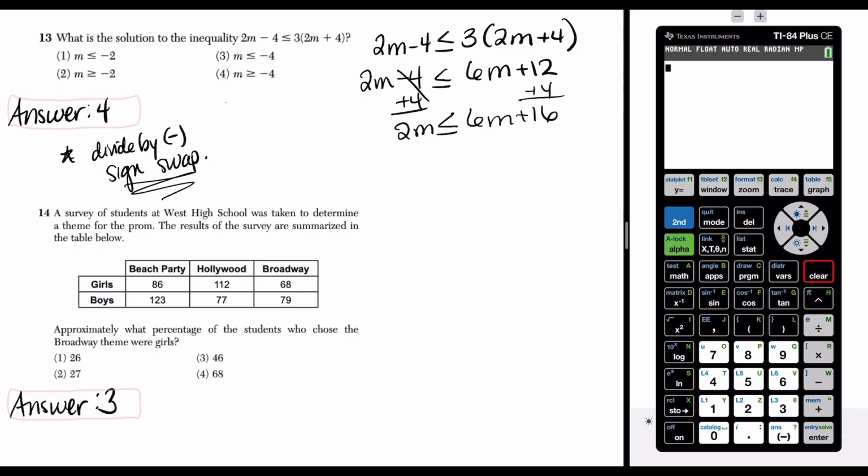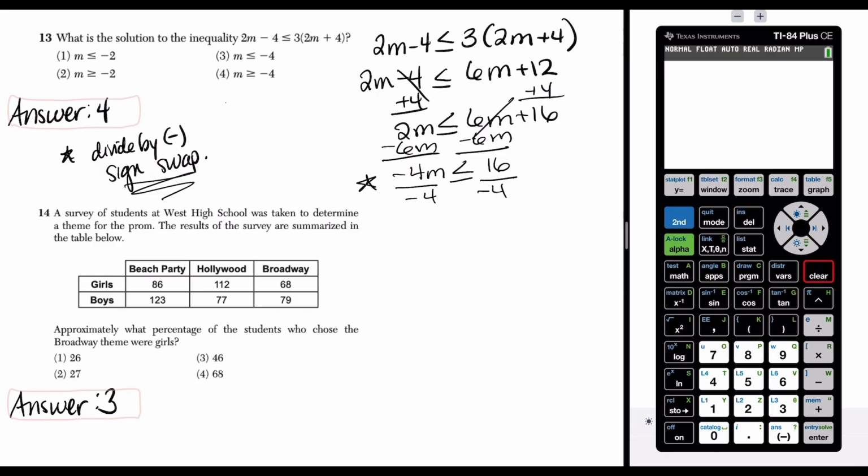Now I need to have a zero pair with an m, so I'm going to subtract 6m here, and you still end up with a negative number. So negative 4m is less than or equal to 16. And now to isolate the m, I do need to divide by negative 4. So here's where that Uno reverse comes in.